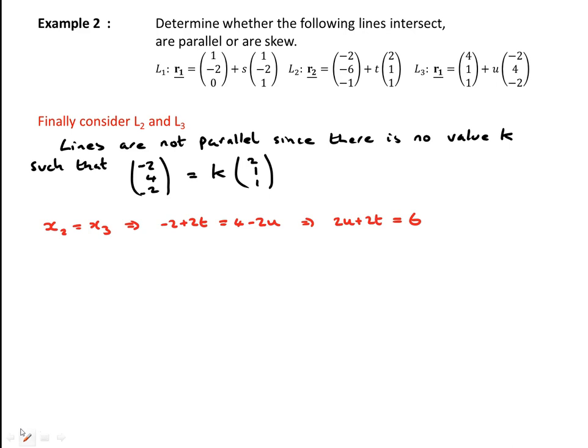So x2 equals x3 gives me minus 2 plus 2t equals 4 minus 2u, which can be tidied up to 2u plus 2t equals 6. y2 equals y3 gives me minus 6 plus t equals 1 plus 4u, which tidies up to 4u minus t equals minus 7. Solving those simultaneous equations gives me u equals minus 0.8 and t equals 3.8.